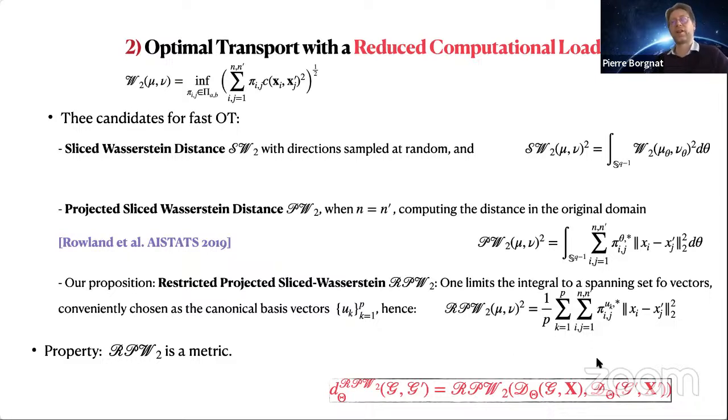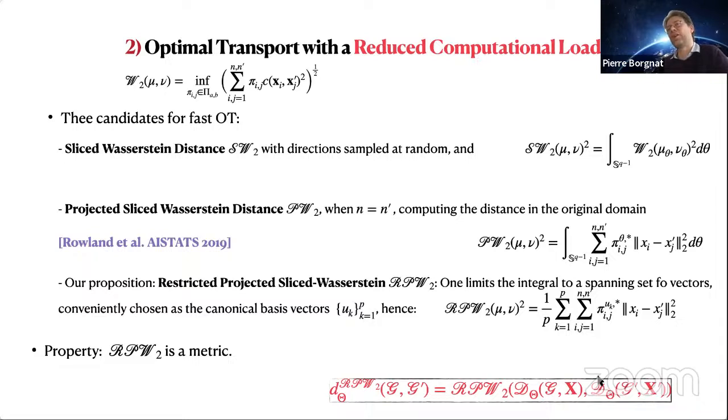And Yacouba Kaloga was able to show that if you take, because it's convenient, only the canonical basis vectors of your space, limiting the directions that you explore to the number of axes that you have in your data, then it still gives you a distance.